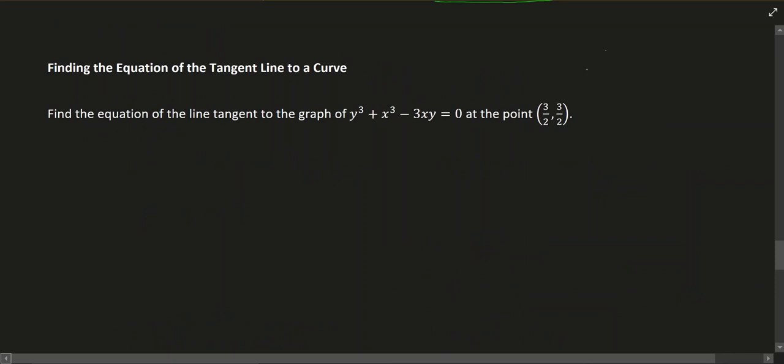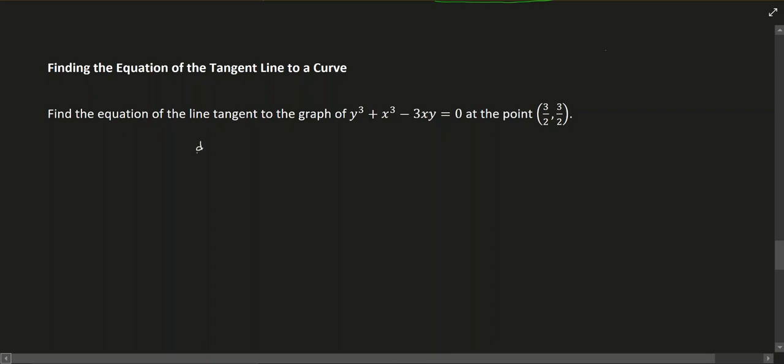Another tangent line example. This time we're looking for the equation of a tangent line to the graph of y cubed plus x cubed minus 3xy equals 0. So first thing we need to do is find the derivative so that we can use that to calculate our slope at the point 3/2, 3/2.